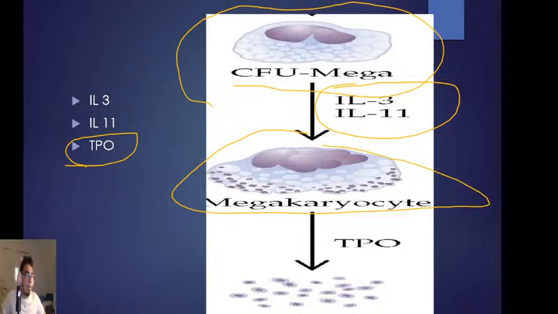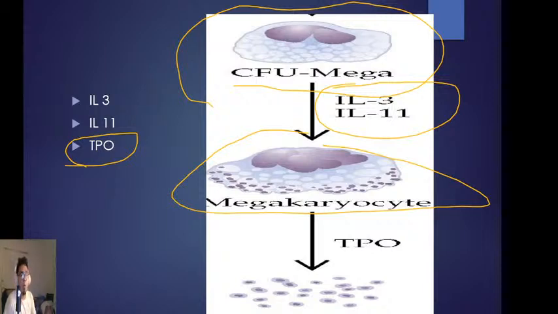Now, what is the special or morphological characteristic in the microscope of megakaryocytes? Can somebody give me a specific answer? What's the special morphological characteristic of a megakaryocyte when you view it in the microscope of a bone marrow film?